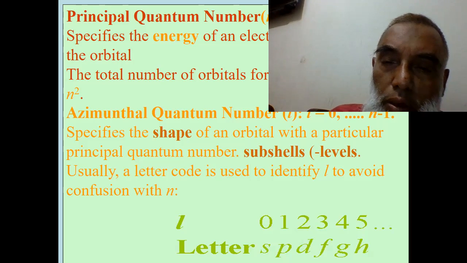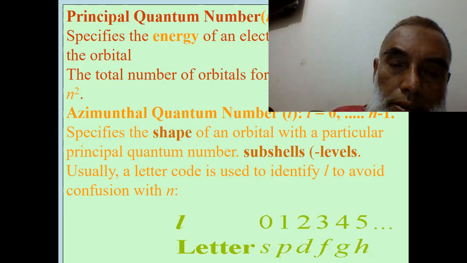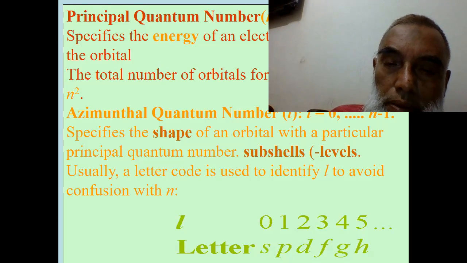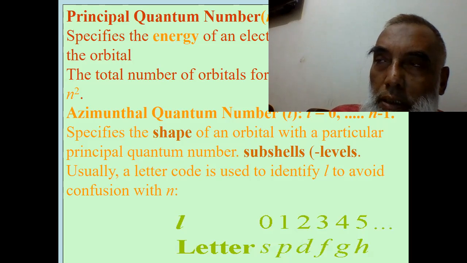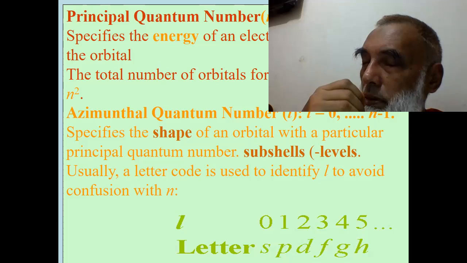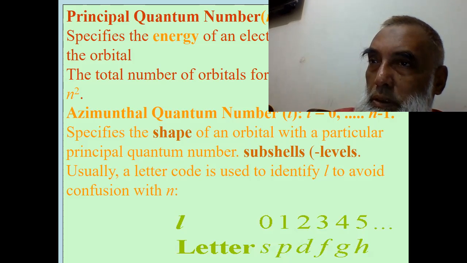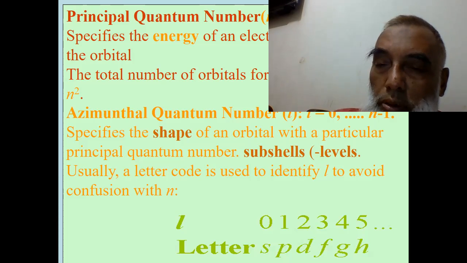The azimuthal quantum number is denoted by L. It is always less than the principal quantum number by 1.